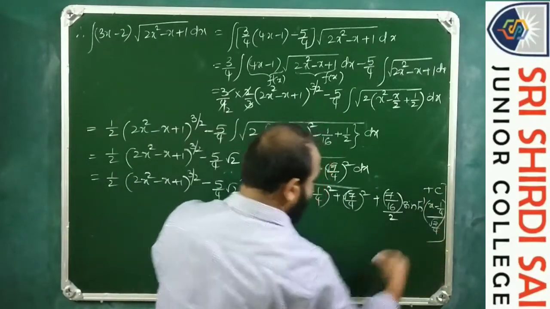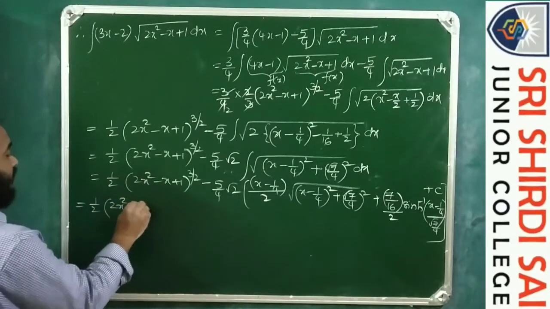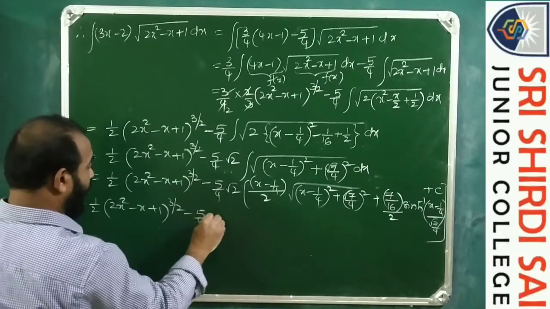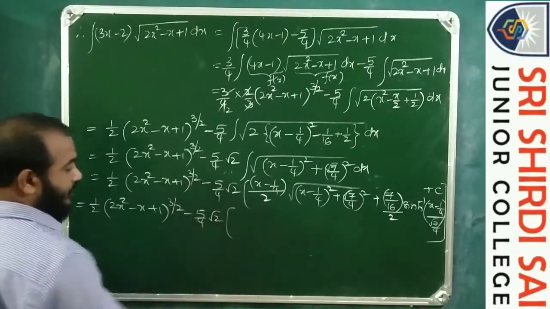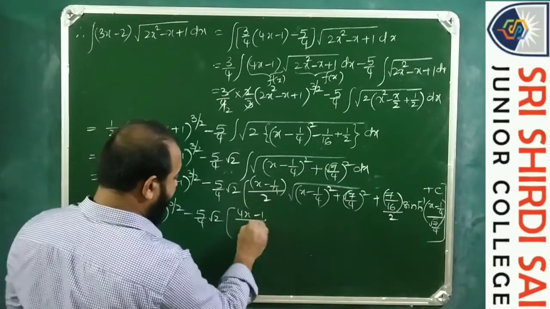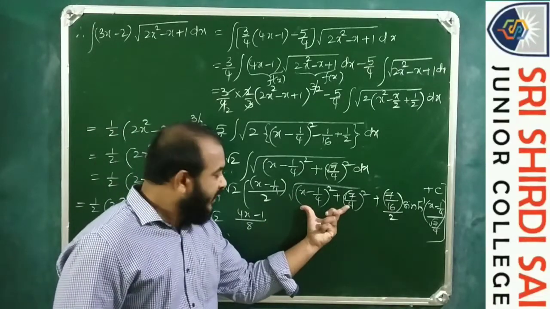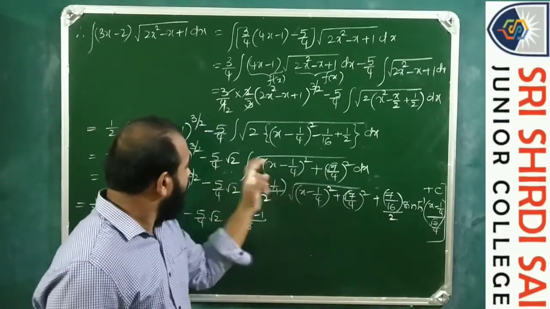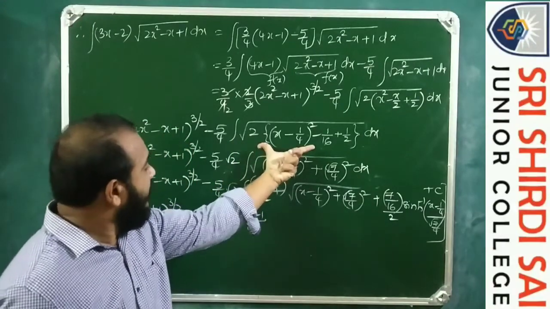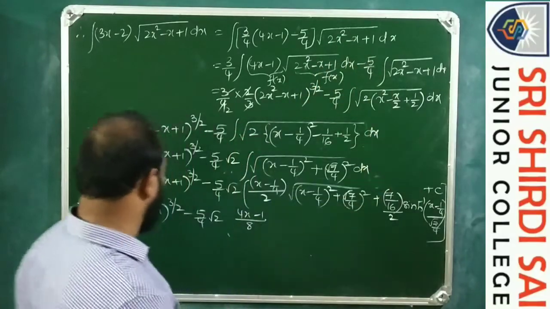So bracket close. This is equals to 1/2 (2x² − x + 1) whole power 3/2 minus 5/4 root 2. This is (4x − 1)/4, 4 2s are 8, into, so root 2 if you take it inside, then it will be this, and it will be this, 2x² − x + 1.